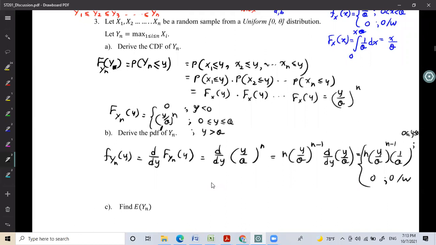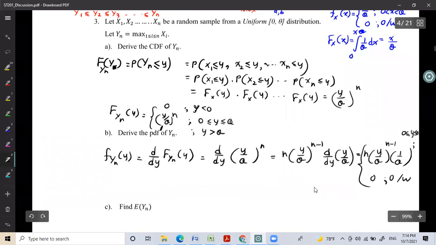Now in this question, deriving the PDF and the CDF of the maximum, it says to derive, not to just write down. So you cannot just memorize the CDF and the PDF of the maximum and use that equation and substitute the values. You can't do it. When it says derive, you have to show all the steps and derive it.